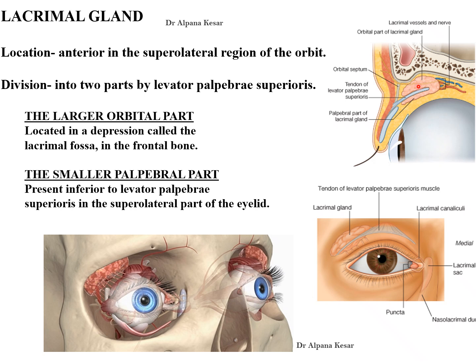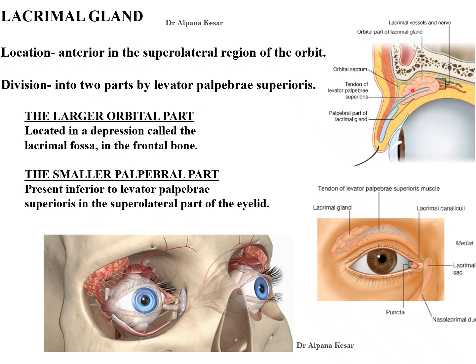Lacrimal gland is present in the anterior part of the supralateral region of the orbit. The levator palpebrae superioris divides the lacrimal gland into two parts: the larger orbital part and the smaller palpebral part.